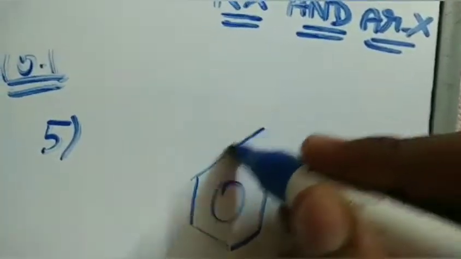The last question is 1-bromo-4-sec-butyl-2-methylbenzene. Methylbenzene means you have to draw benzene first. This is the methyl position.